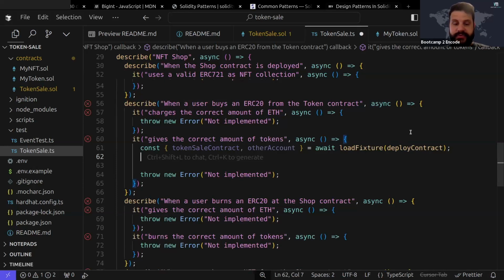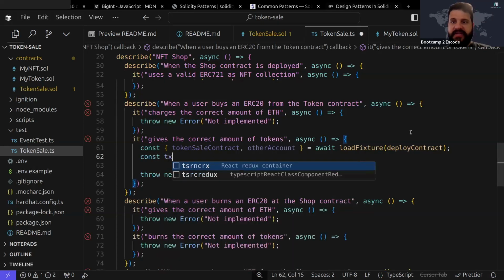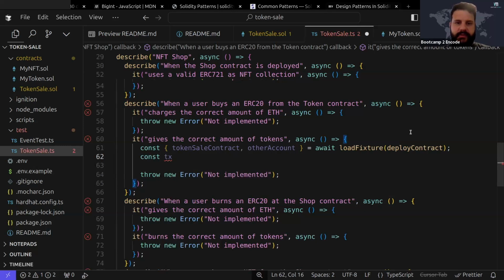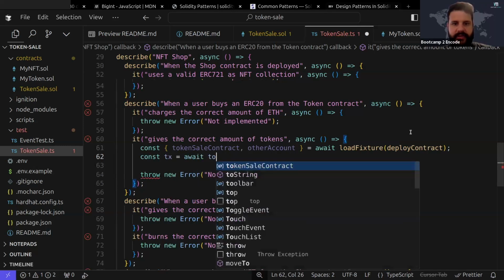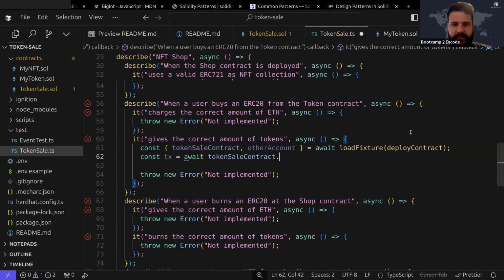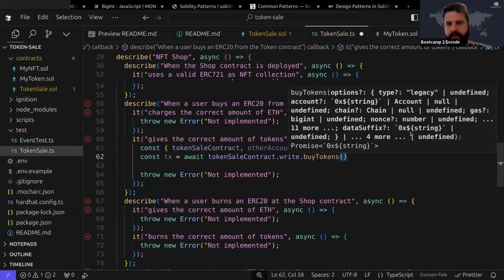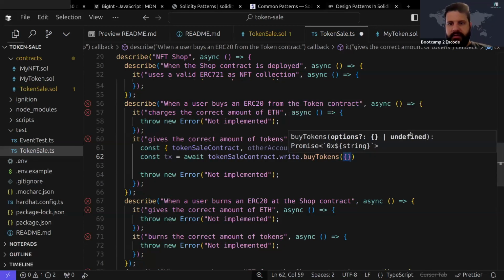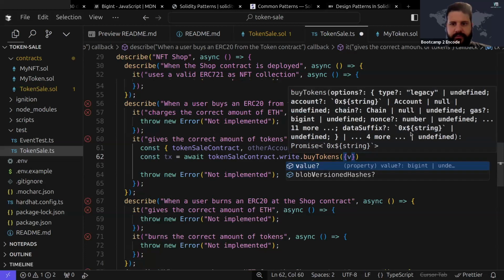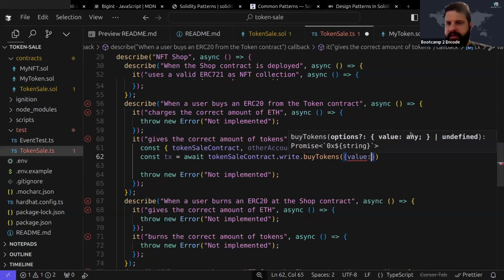Okay. So I'm going to pick the token sale contract and do a transaction. We did that with this script. Remember, transaction equals await the token sale contract dot write dot buy tokens. And I do have some options here. I do have value, the amount that I want to pass.